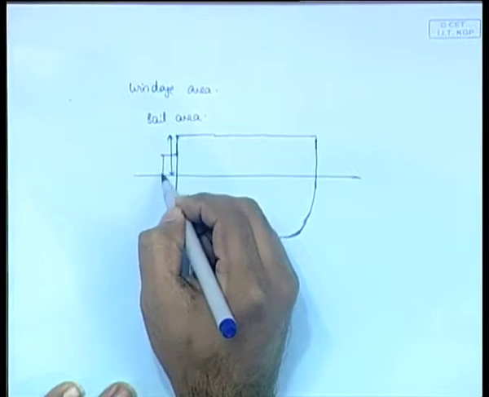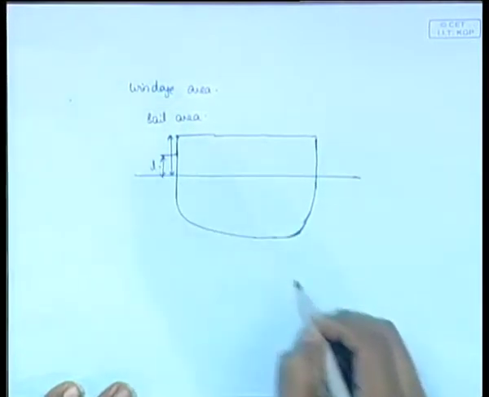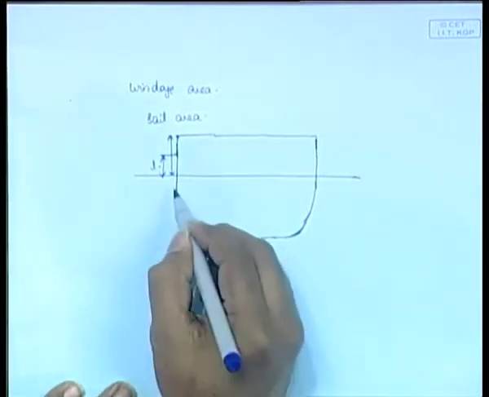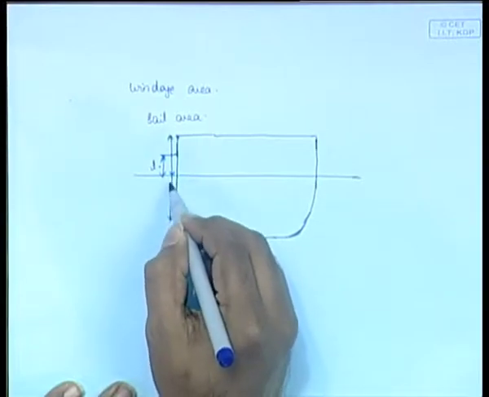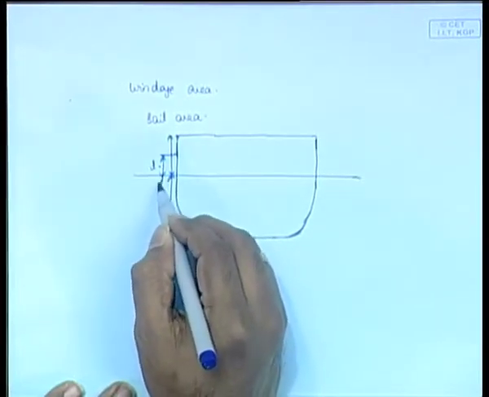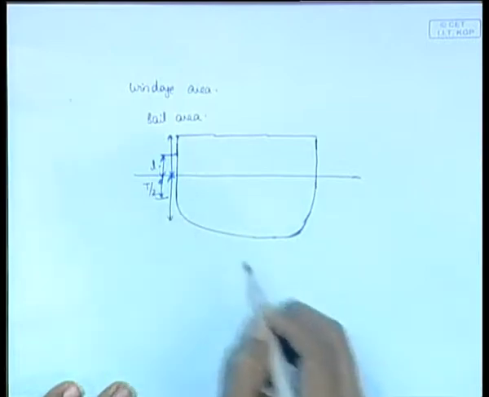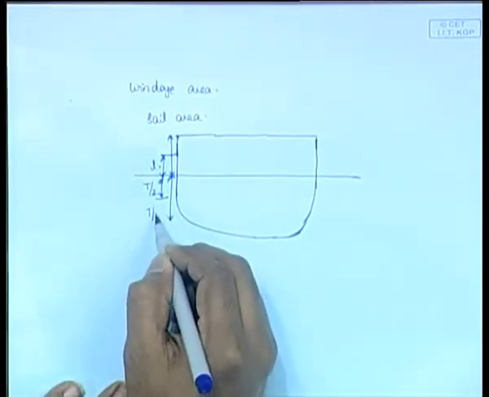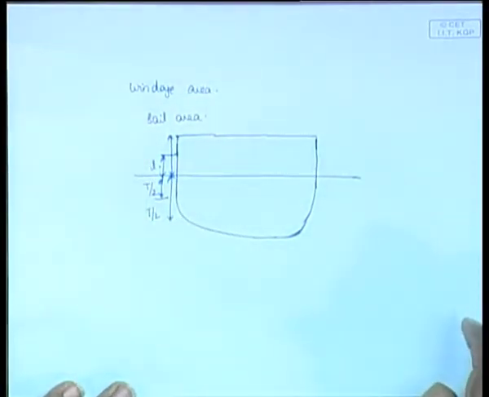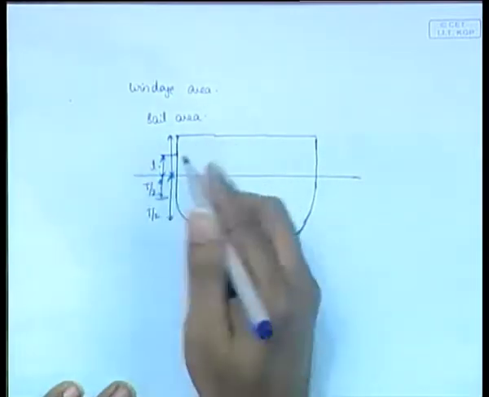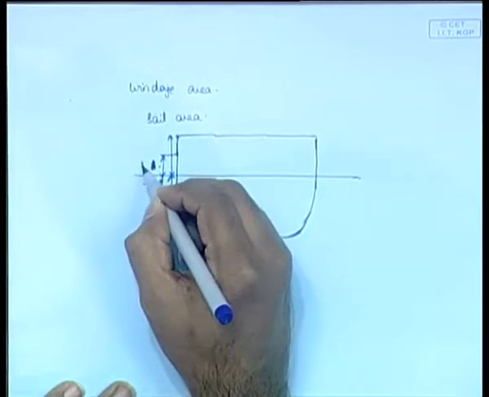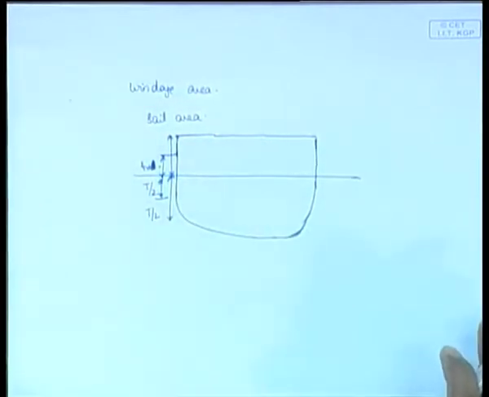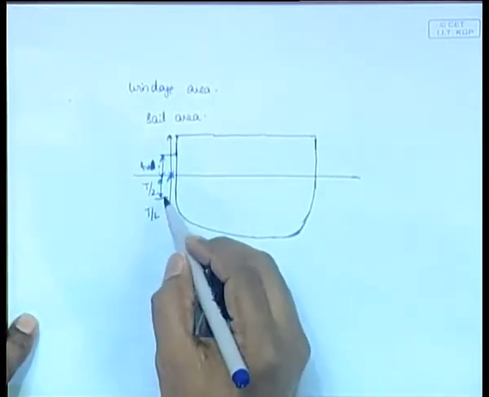At the exact center of it, we call this distance L, and below that there will be T by 2. So, this book uses not L but HV; they are calling this distance HV. It is just a notation. This book uses L, that book uses HV.